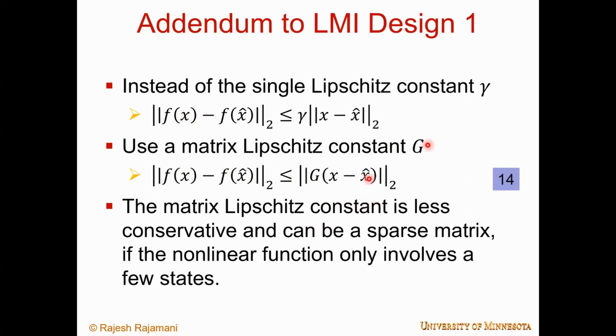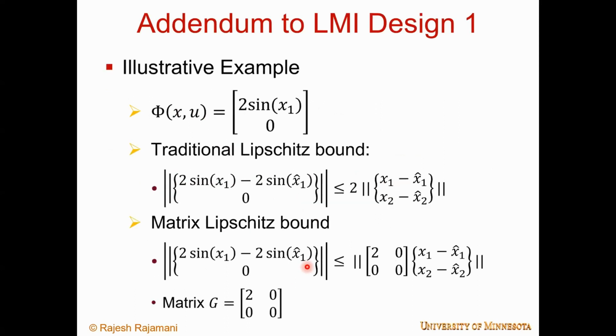So this is a matrix Lipschitz constant G, and using a matrix Lipschitz constant is less conservative because G can be a sparse matrix if the nonlinear function only involves a few states. For example, let's say your f of x was 2 sine x1, 0.